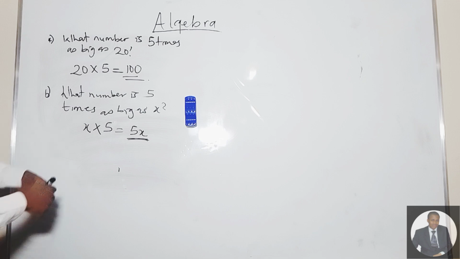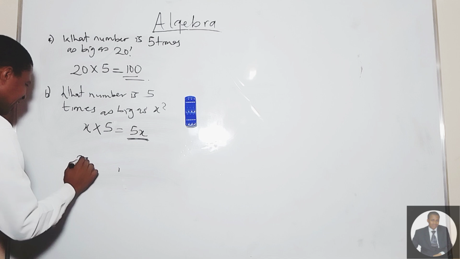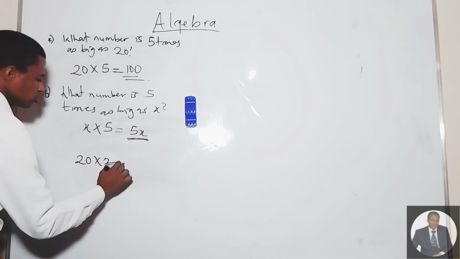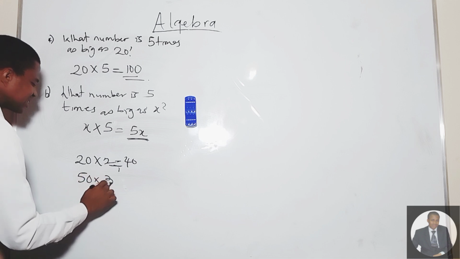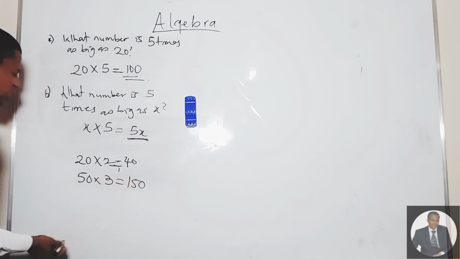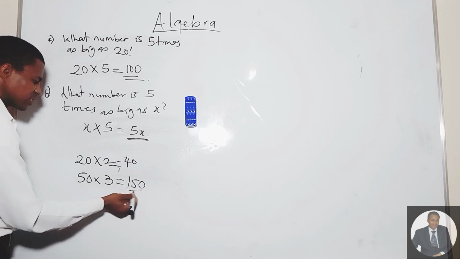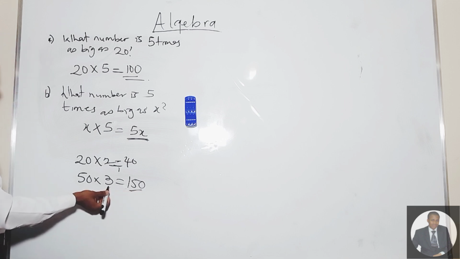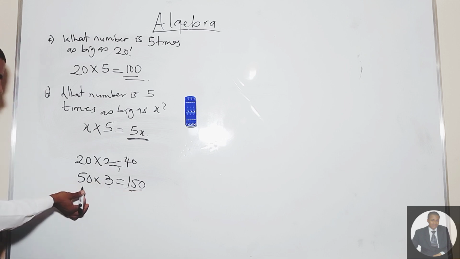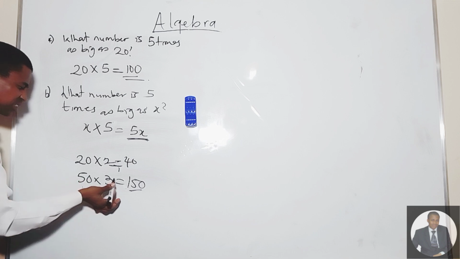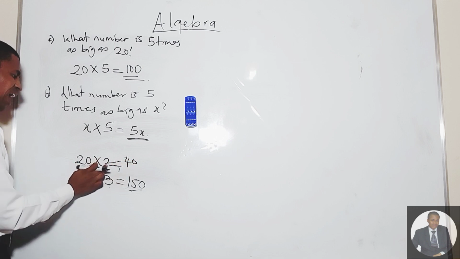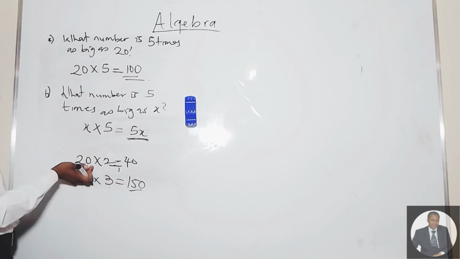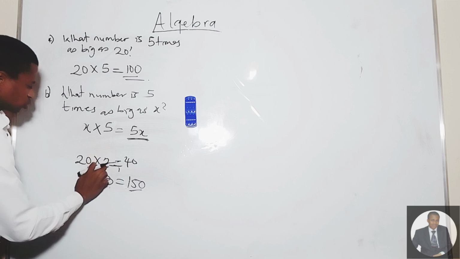What number is 20 times as big as 2? 20 times as big as 2, 40. 150 is 3 times as big as 50, and 50 times as big as 3. 40 here is 2 times as big as 20, and 20 times as big as 2.